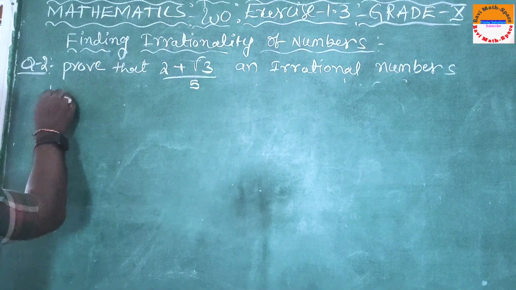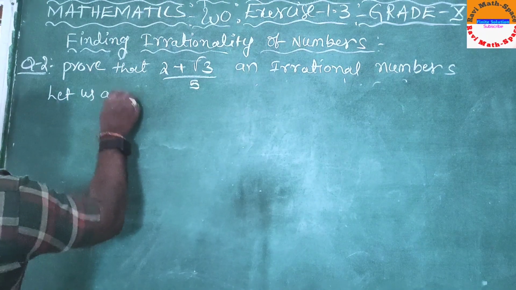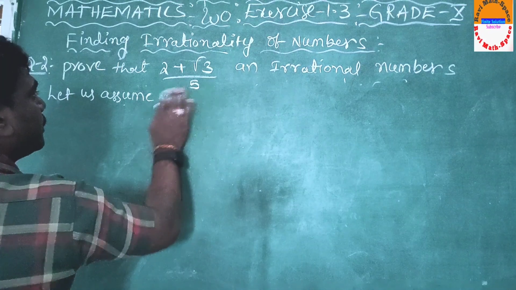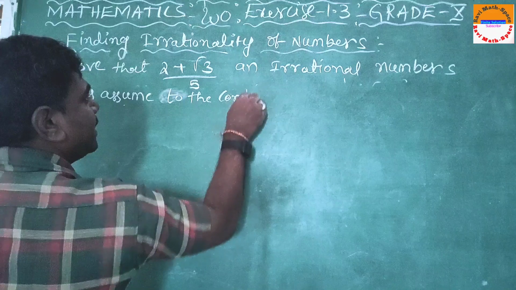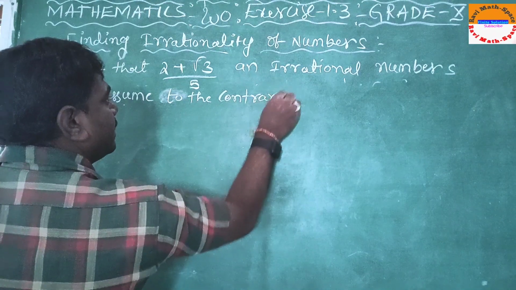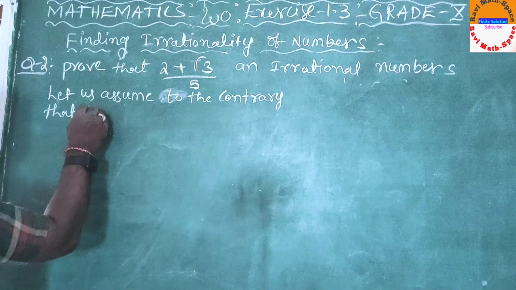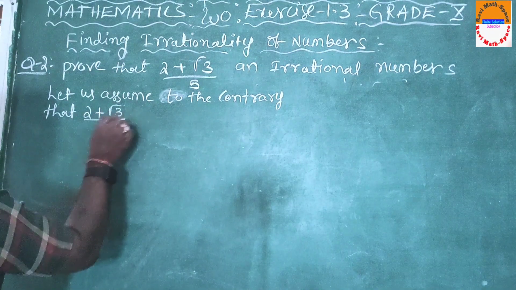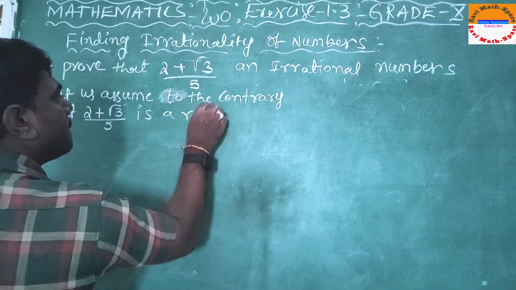The same assumption: let us assume to the contrary that 2 plus root 3 by 5 is a rational number.